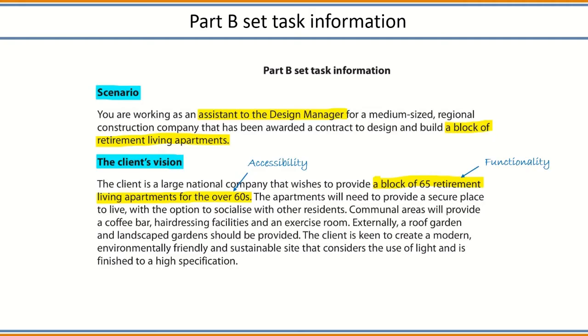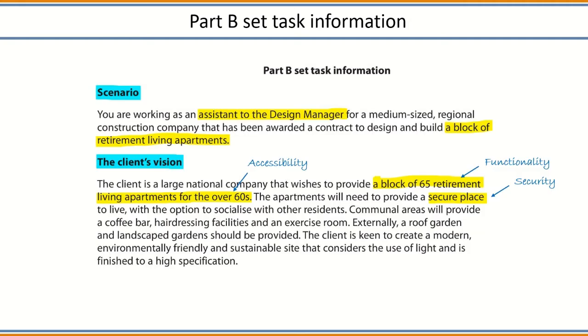How can we do this? Ramps, lifts, wide doorways. The apartments will need to provide a secure place to live with the option to socialize with other residents. This is a design factor related to security, so how can you ensure this is a secure place? Restricting access, CCTV, intrusion detection systems.